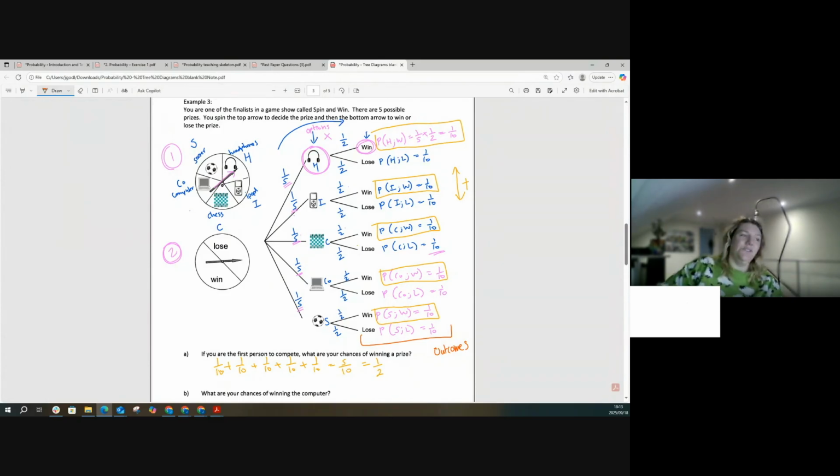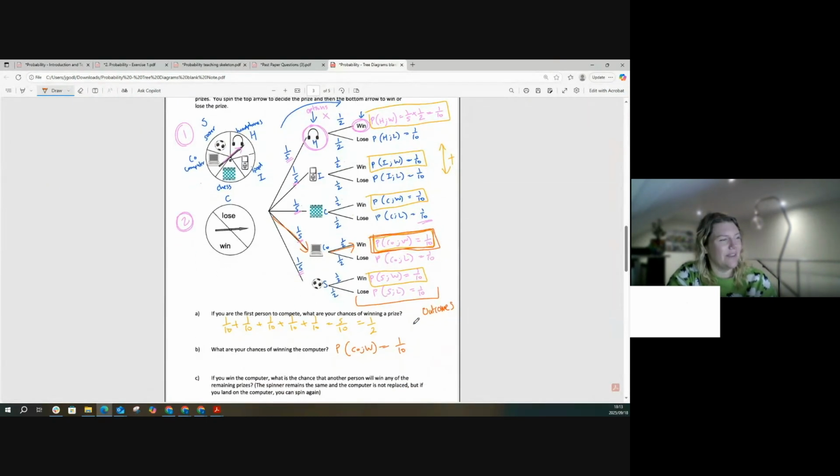So we look for the computer. They've spun for the computer and then they've spun for a win. So it's this one over here. That's my favorable outcome. So the probability of getting a computer and then a win is going to be 1 out of 10. Technically, yes, you are correct.